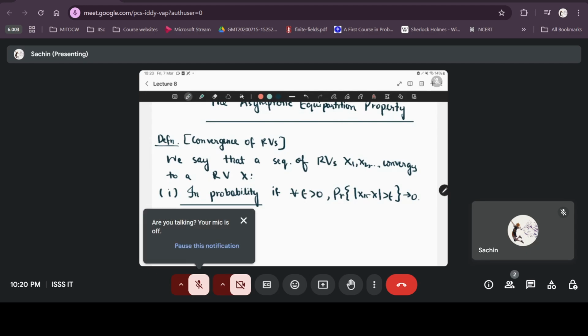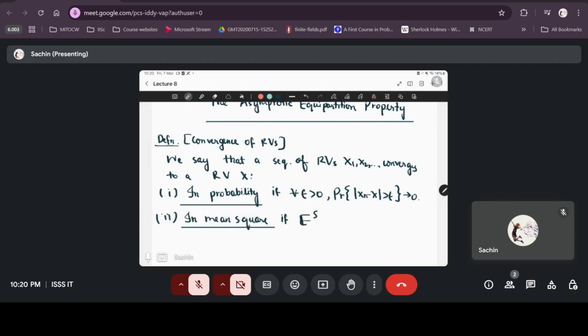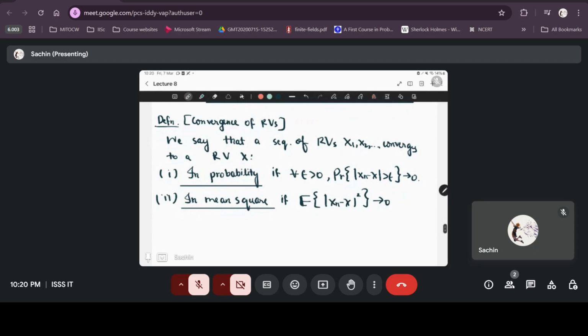Second, in mean square, if the expected value of (xn minus x) whole square approaches 0. These are all as n approaches infinity.